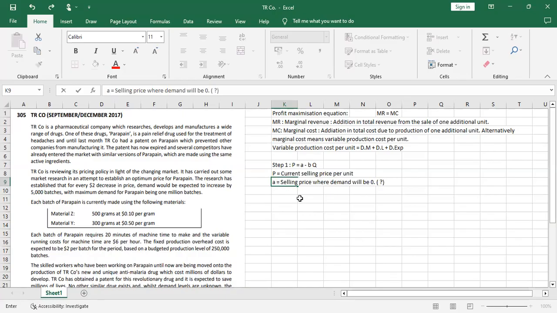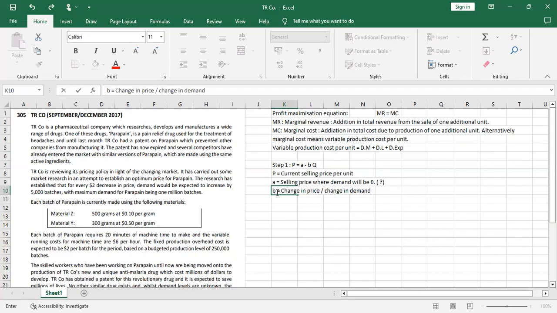So in step number one, you will basically calculate this value. I am denoting this value with the question mark. In step number one, you will calculate your A, where demand will be 0. B is equal to change in price divided by change in demand.